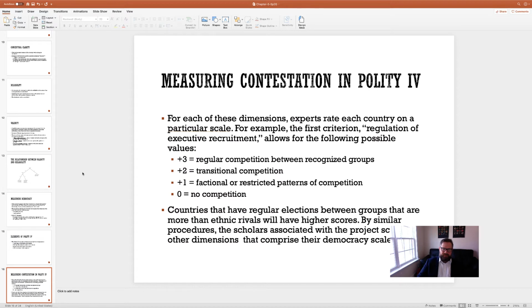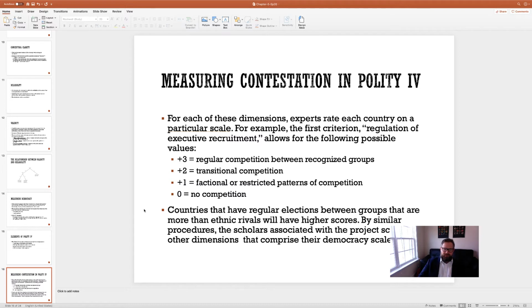All right. And to do this, they basically get a group of experts and they ask them to score countries in the following way. So, for example, let's take the first criterion, regulation of executive recruitment. A country would have a +3 score if there was regular competition between recognized groups, a +2 if there was transitional competition, and a +1 if there was factional or restricted patterns of competition.